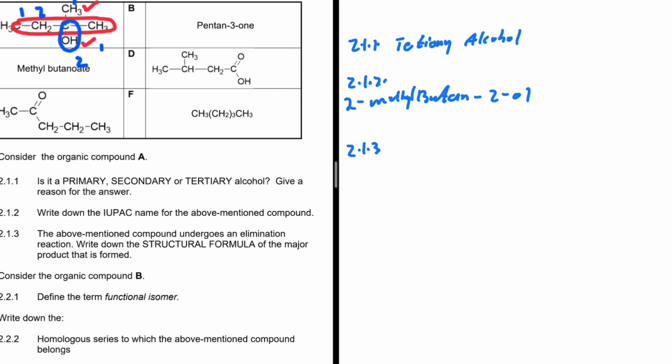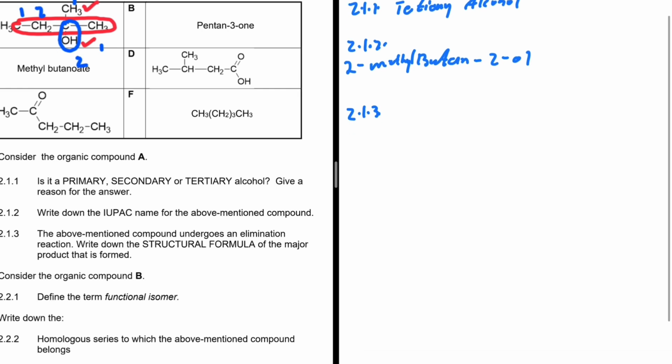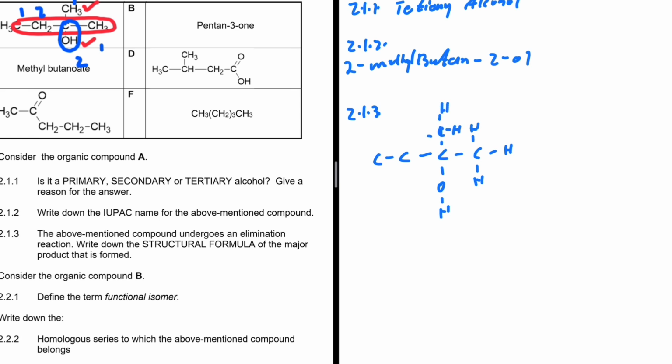Elimination reaction. So let me just write that structural formula without condensing it. So this is OH, and then hydrogen. We need another. Okay, here we have a branch, so let's put that there. And then elsewhere we have hydrogens. Okay, so which elimination reaction can an alcohol go through?